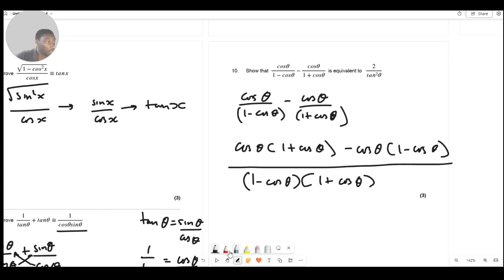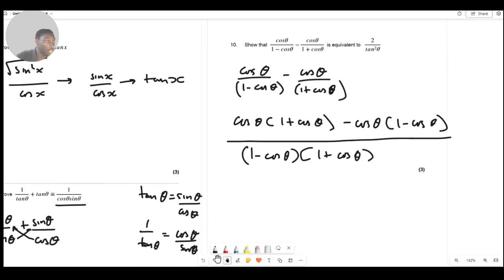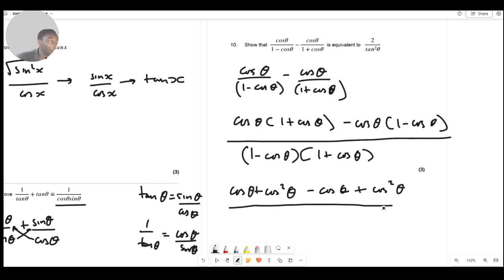So now let's clean this up and expand and simplify. So I'm going to have cos theta plus cos squared theta minus cos theta plus cos squared theta because of the signs. And then underneath, I'm going to have a difference of two squares.